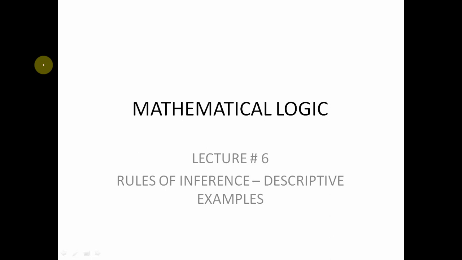So if you have been given an argument whose validity you have to verify, and the argument has been given to you in the form of an informal argument, say for example, instead of listing P implies Q, you have been given, if it is raining then we will stay home.